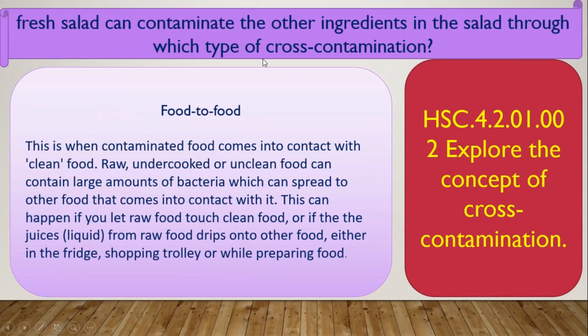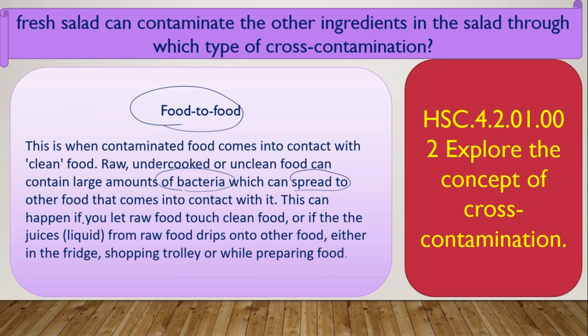First, salad can contaminate the other ingredients in the salad through which type of cross-contamination? This is food to food. This is when contaminated food comes into contact with clean food. Raw, undercooked or unclean food can contain large amounts of bacteria which can spread to other food that comes in contact with it.